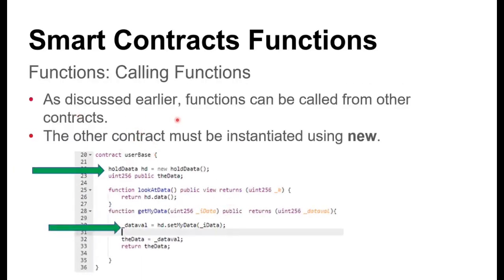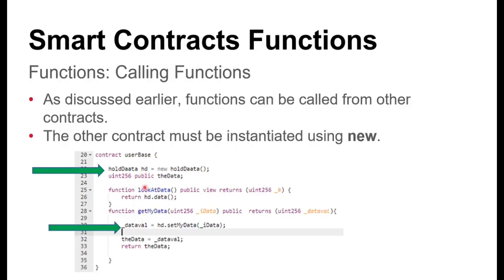As discussed earlier, functions can be called from another contract. The other contract must be instantiated again using new. We already talked about this. So I can call the hold data contract, but I've got to instantiate it using new. We saw an example of that a little bit earlier.